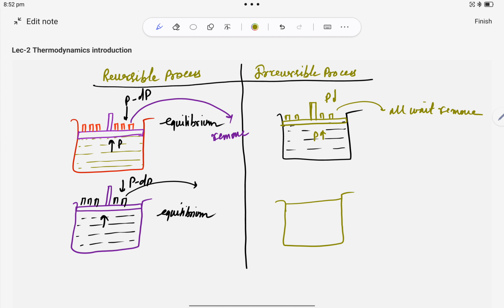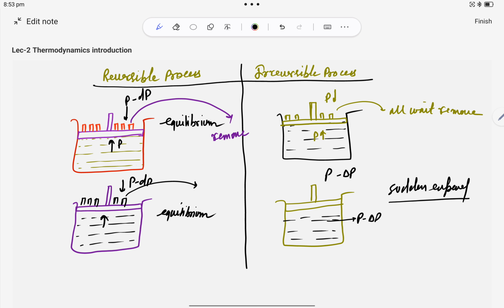Yes or no? Suddenly expansion will take place, and that is delta P. Here P minus delta P. Suddenly expanded, and again this is the final, and this will be in equilibrium, and here it is the initial equilibrium.